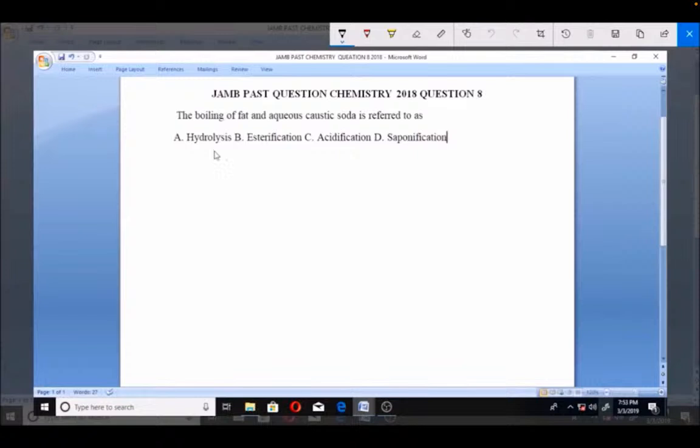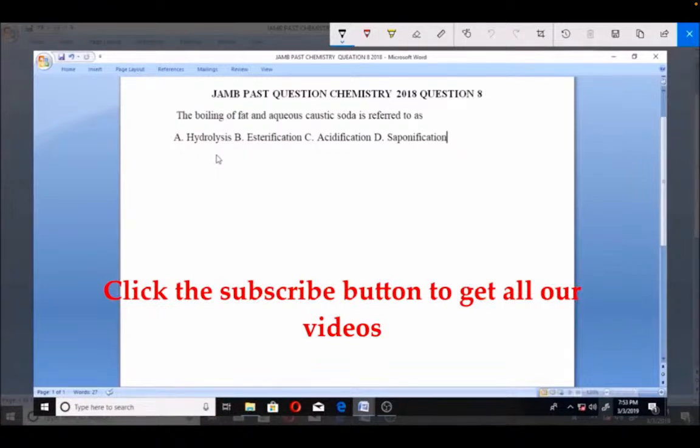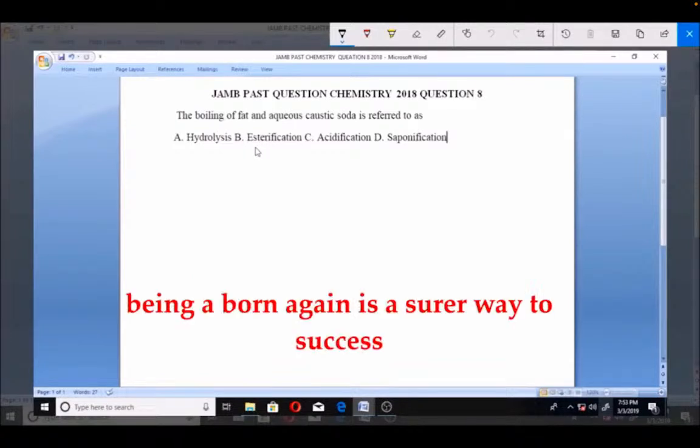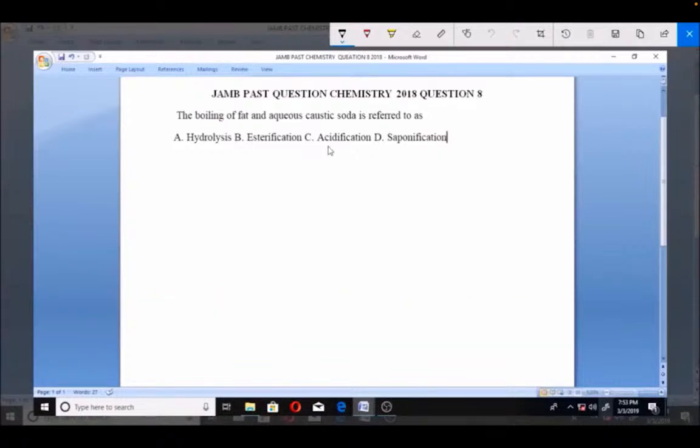hydrolysis, which is when you want to get something with water. Esterification, the reaction of ethanol with acid to form esters. Acidification, getting something with an acid. Then saponification is the hydrolysis of fats and oil with caustic alkali to yield propane 1,2,3-triol and the corresponding sodium and potassium salts of the component fatty acids.